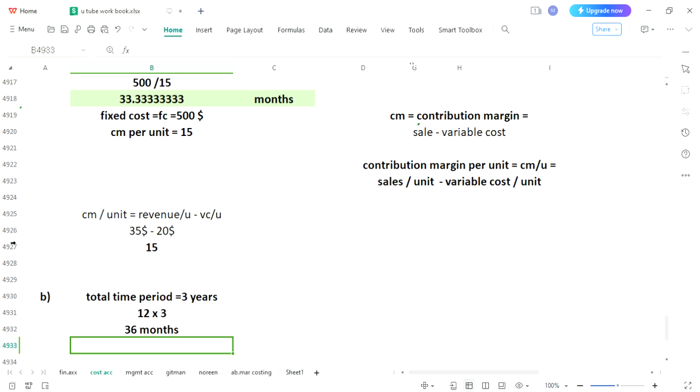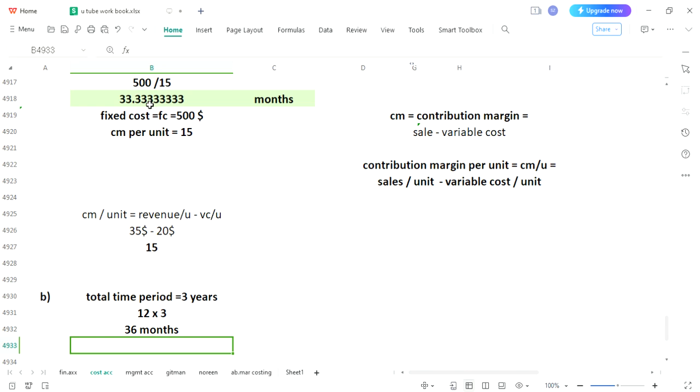Okay, now understand this, what we are going to do. Total time period is 3 years or 36 months. Break even point is 33.333 months. It means even a single month more than that of 33.33 would be his profit. As at 33rd month his cost would be recovered and remaining everything would be surplus.